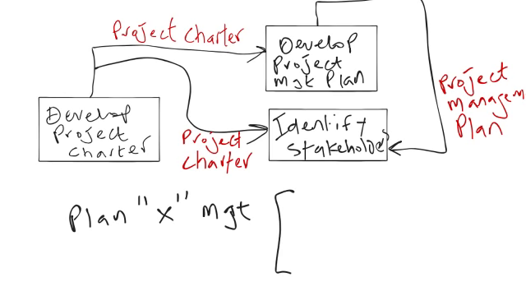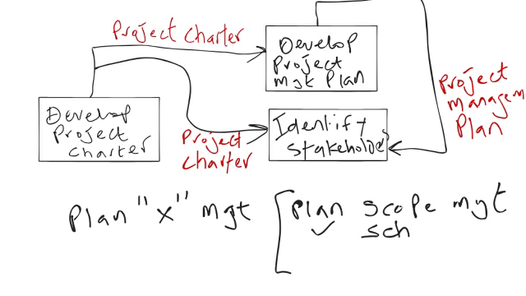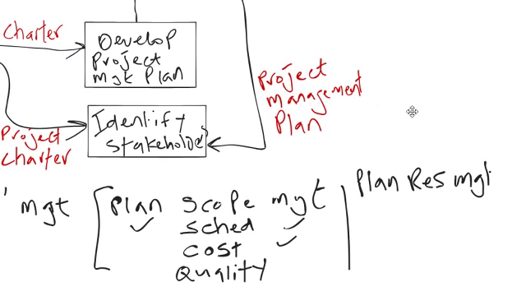So I'm talking about Plan Scope Management. I'm talking about Plan Schedule Management. I'm talking about Plan Cost Management. Plan Quality Management. You see where I'm going with this? Plan Resource Management. You see how it quickly becomes a web of relationships.